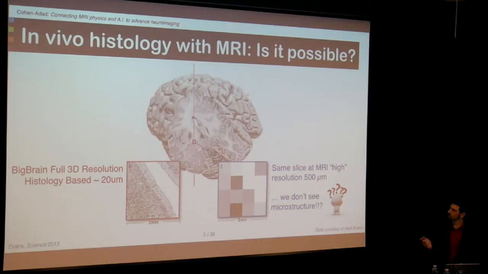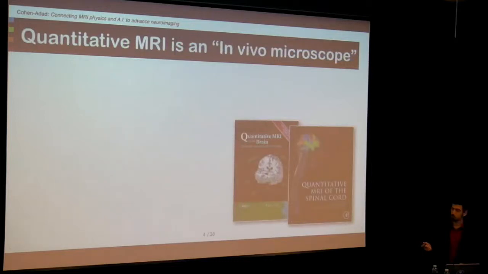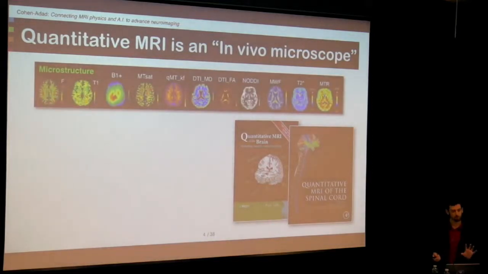We get this information using something called quantitative MRI or multiparametric MRI. These are advanced techniques, mostly used in research, but some of them are now used in clinics. And there are different categories of quantitative MRI, what we call microstructure MRI.